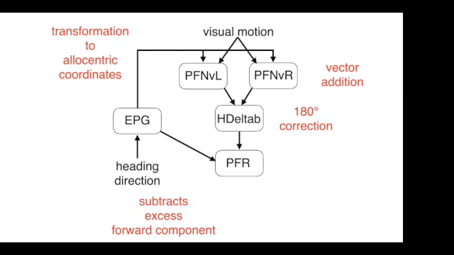The PFRs also get the EPG signal, and I don't know if you followed, but basically the only role of that is to do an offset, because there's a baseline activity of these PFNs that would make the fly continually think it's moving backwards if you didn't offset by a forward direction signal. And then finally, the PFRs do a max operation, and out comes this traveling direction signal.